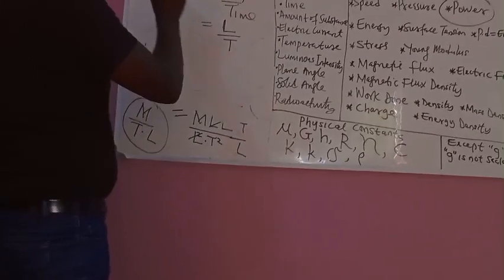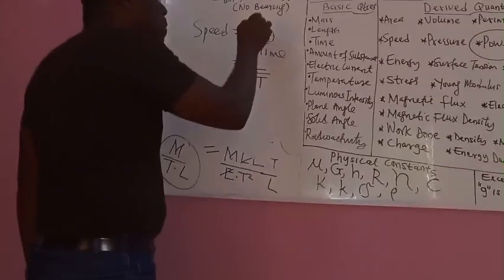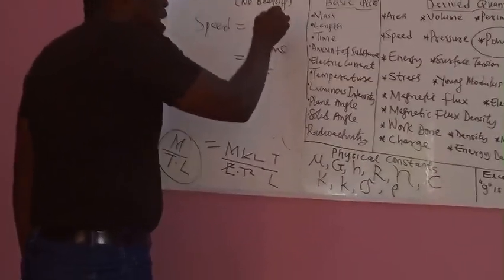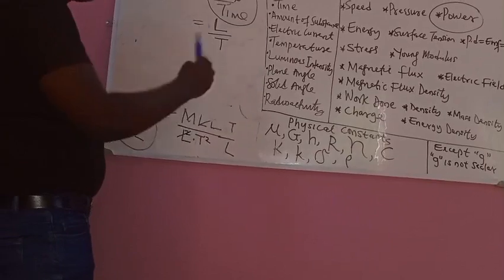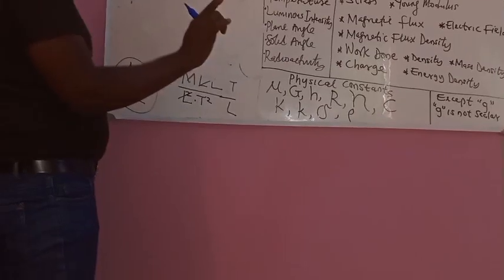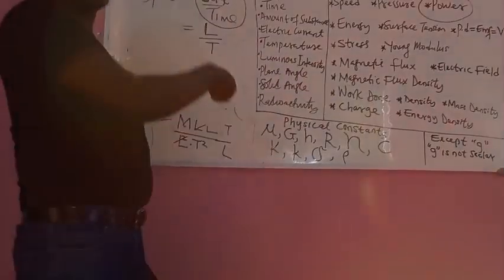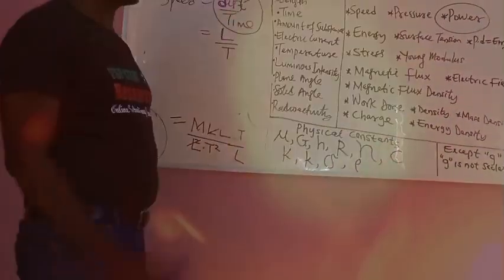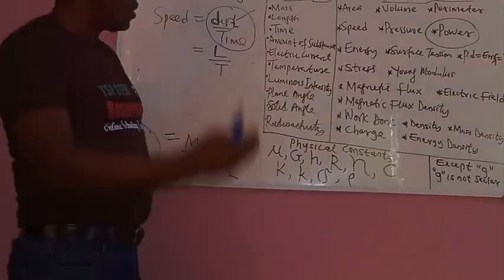But in this case, speed is not vector, it is scalar by definition, because it is made up of purely scalar quantities. Distance is length, and in defining distance, you don't incorporate direction or bearing. So by definition also, some quantity, either scalar or vector, can be what they are by definition. If a particular quantity is defined by definition and the dimensional analysis gives another answer, then you go for that definition. We'll talk more about that when we look at why vector quantities are vector quantities.